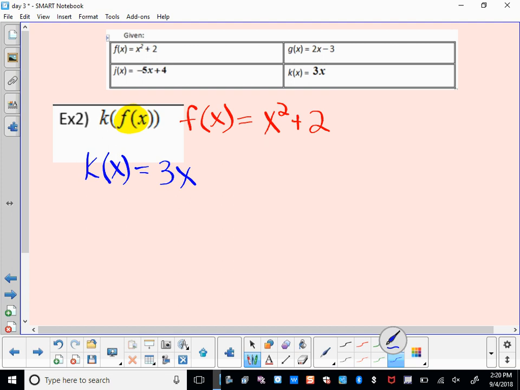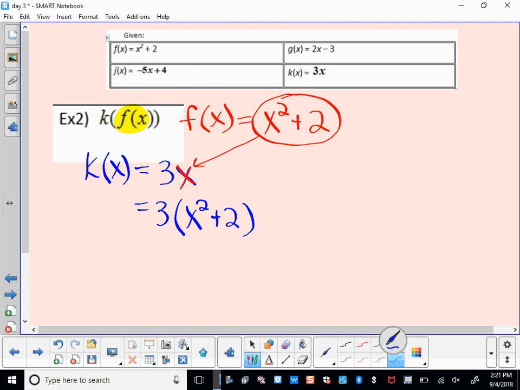So I'm going to take my inside function, which is here, and plug it in for x. What you guys have to remember is that when we plug in the inside to the outside, always use parentheses. Always, always, always. So I have 3 times x squared plus 2. If you don't put that parentheses there, that changes your whole answer.